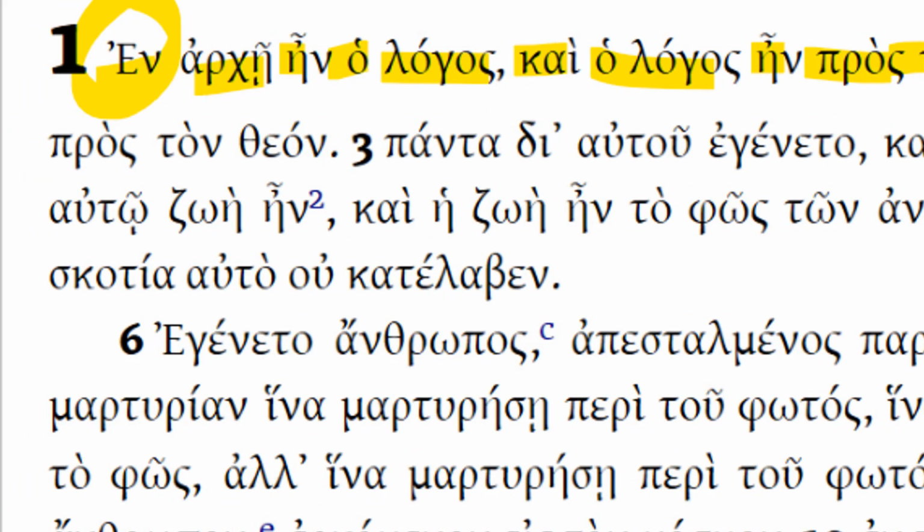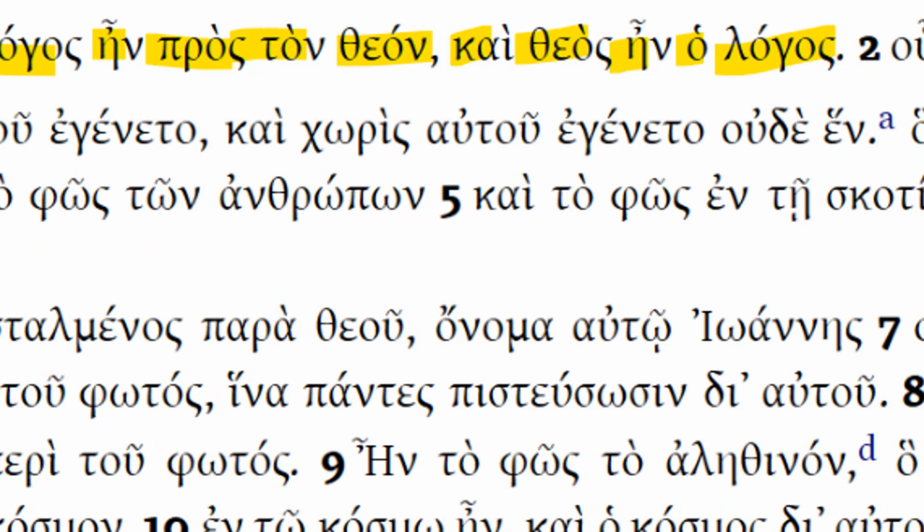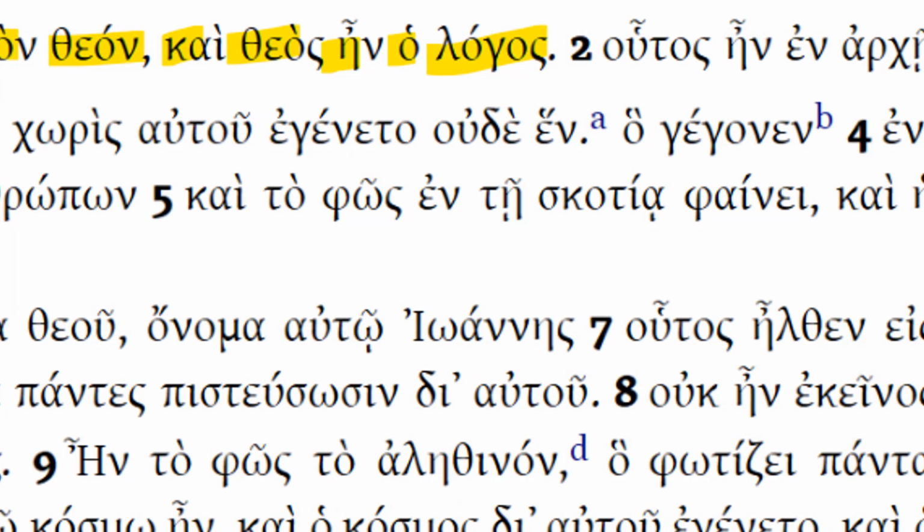Let's try that again. In arche. Notice there's an iota subscript under that eta. In arche ein ha logos. Kai ha logos ein pros ton theon. Kai theos ein ha logos.